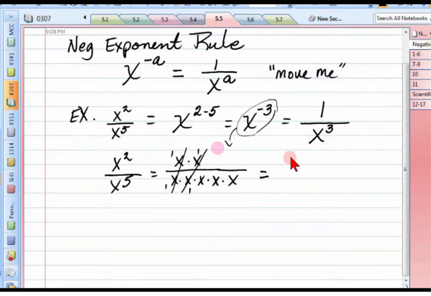So what does that leave me with in the numerator? A 1. And in the denominator I have 3 factors of x. Did I get the same answer? Yes, I should be able to compare, and I did get the same answer. So maybe indeed it does make sense for a negative exponent to say, I'm just in the wrong place, move me. So we're going to remember that every time we have a negative exponent, it says move the base.